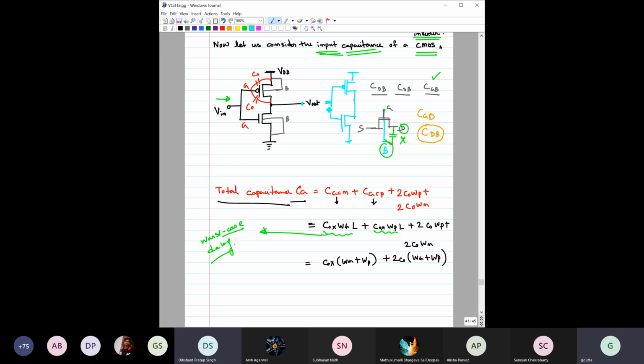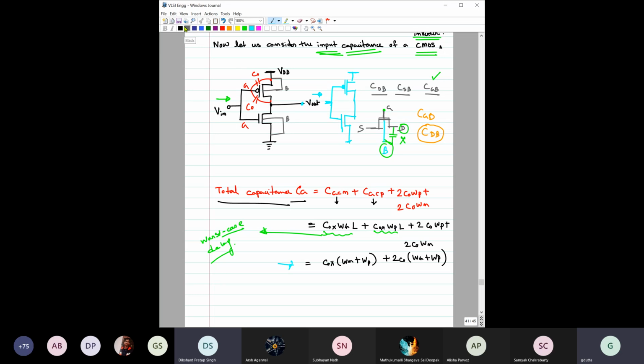For that, you should know what is the capacitance that you are seeing from here. That part we can calculate from here, right? What would be the capacitance seen by the first inverter if it is driving a next inverter? So it is very important to know how to calculate the input capacitance of an inverter. I hope this part is clear to you.